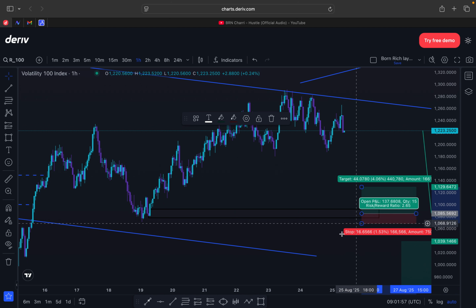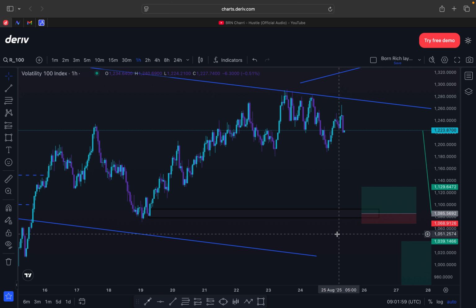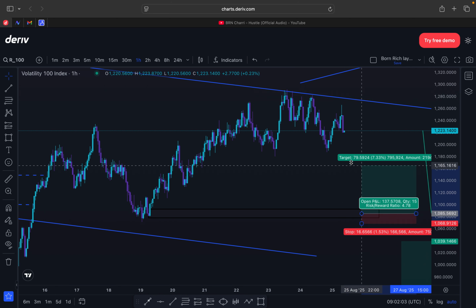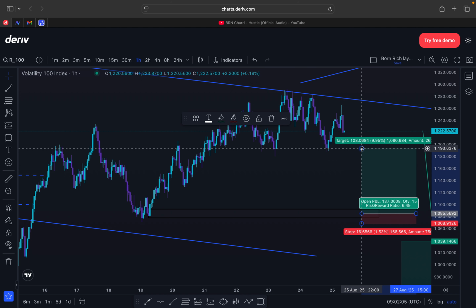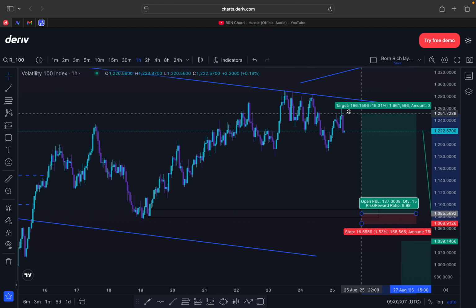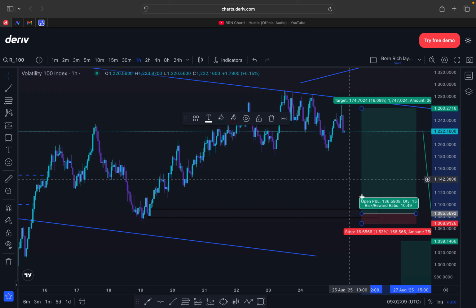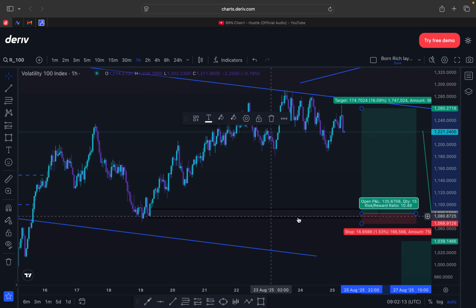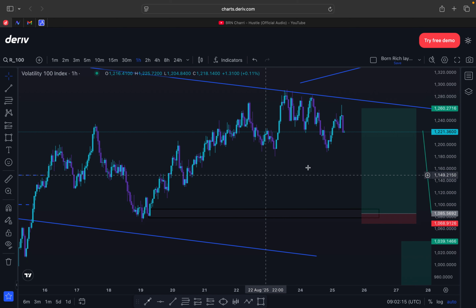That's why I always recommend to wait for a break of structure, okay? So these are 1 to 10 risk to reward if the market should retrace back here.